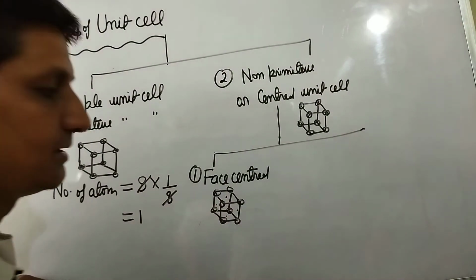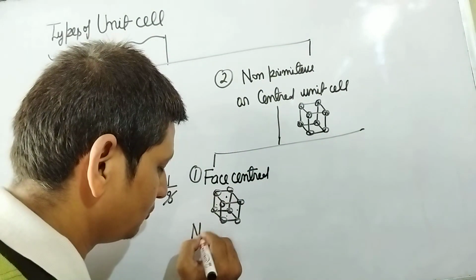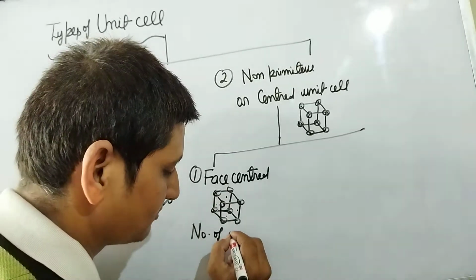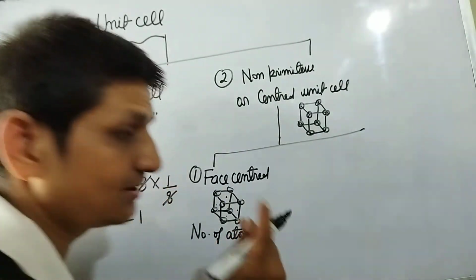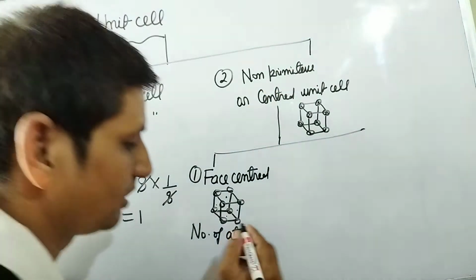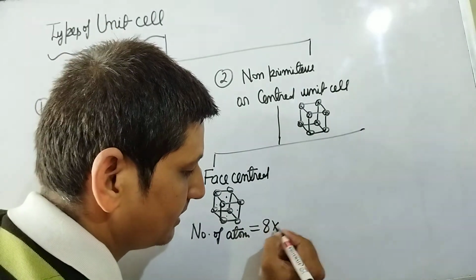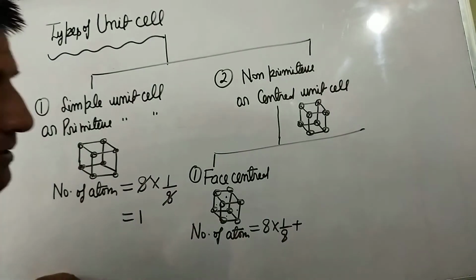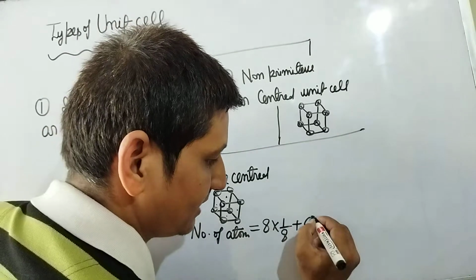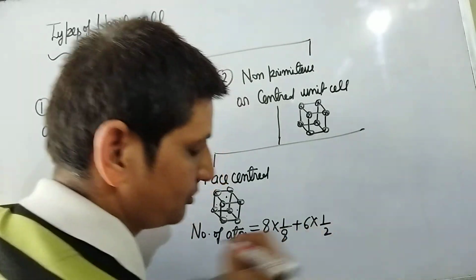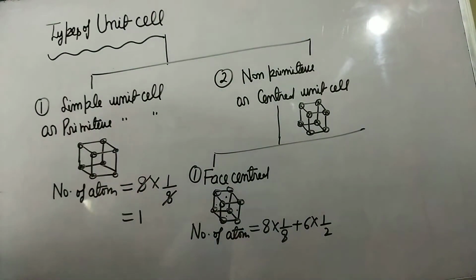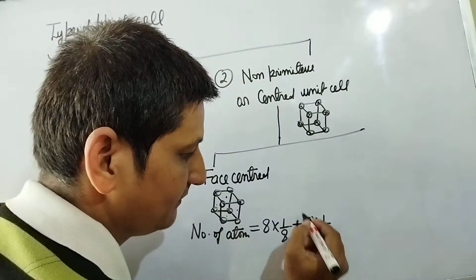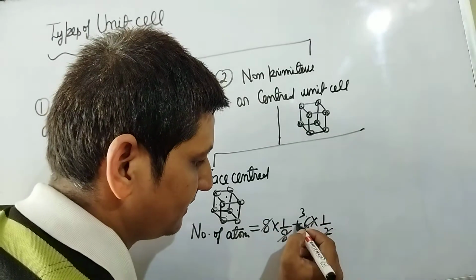The number of particles, meaning atoms, ions or molecules, is equal to 8 corners into a contribution of 1 by 8, plus the number of faces, which is 6, into a contribution of 1 by 2. Finally we get 1, plus 3, which is 4.